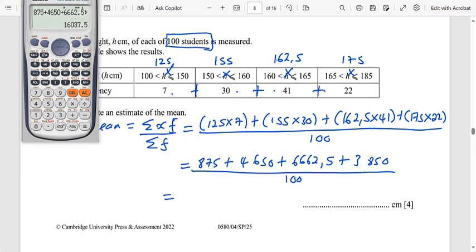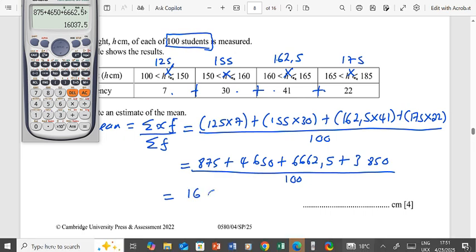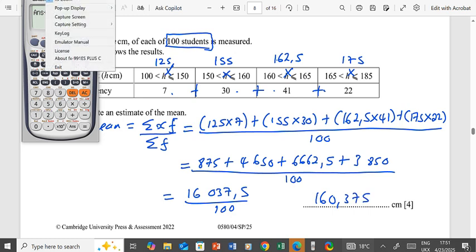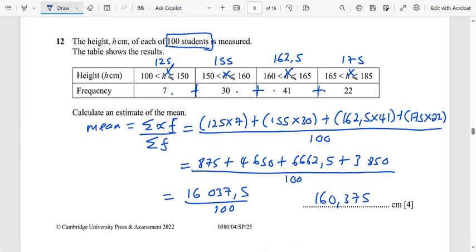That of course gives me 16,037.5 over 100. So we just need to divide the answer by 100, and we are not going to round this one off because it's an exact answer. We only round off non-exact answers. So this is the mean.